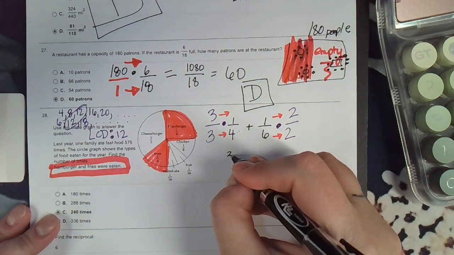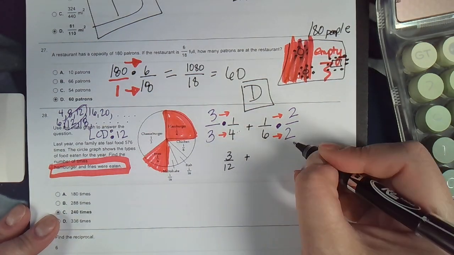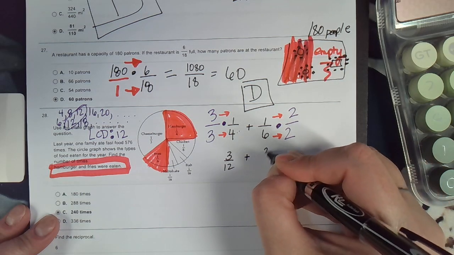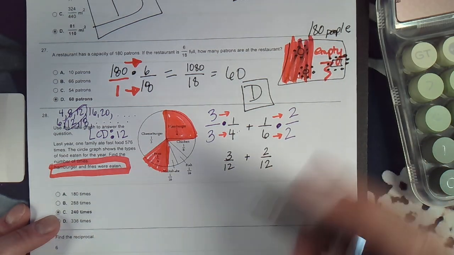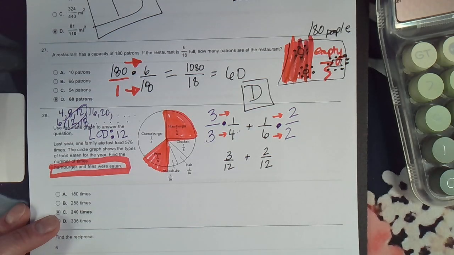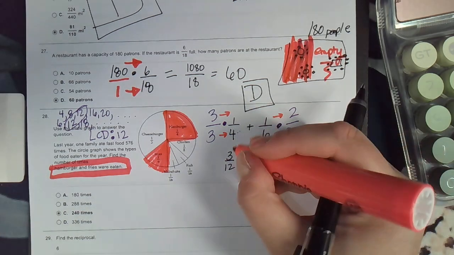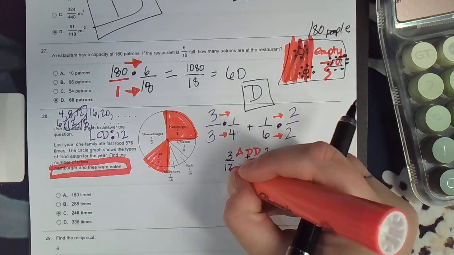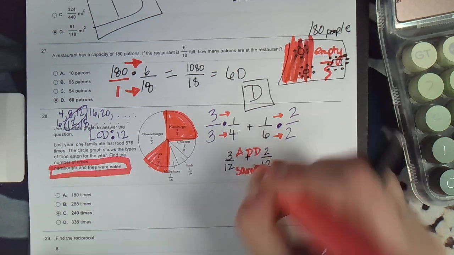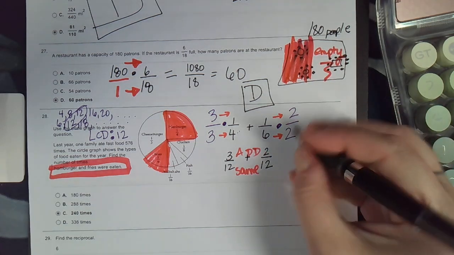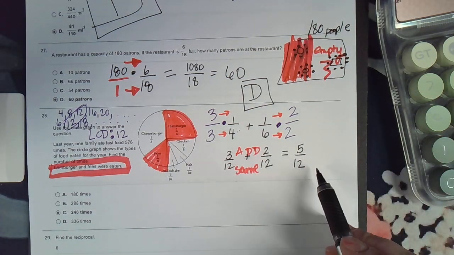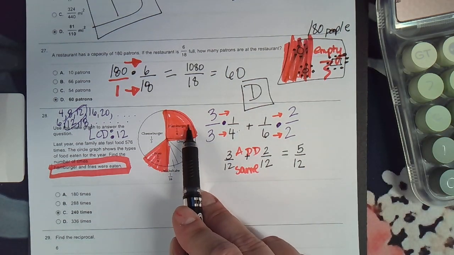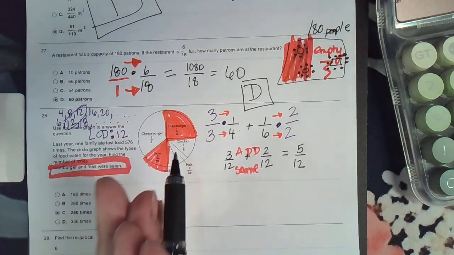So this gives us 3 over 12 plus 2 over 12. And when you add fractions, you add the tops and you keep the bottoms the same, now that they are the same. So we get 5 over 12. So 5 over 12 represents the hamburger and the fries together.